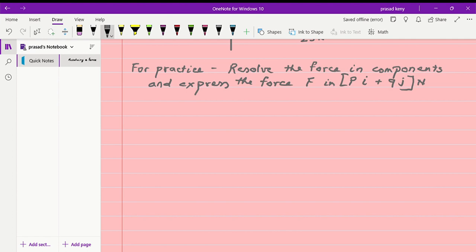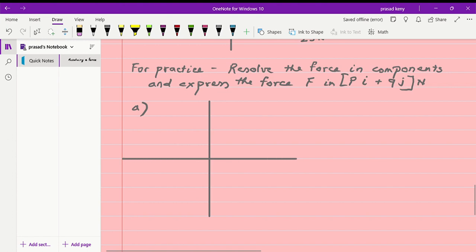So first case, this is a 18 Newton force and it is making an angle of 32 degrees with the x direction.